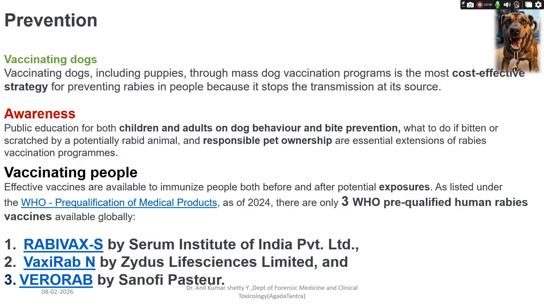Then coming to awareness: public education for both children and adults on dog behavior and bite prevention. What to do if bitten or scratched by a potentially rabid animal, and responsible pet ownership are essential extensions of rabies vaccination programs.